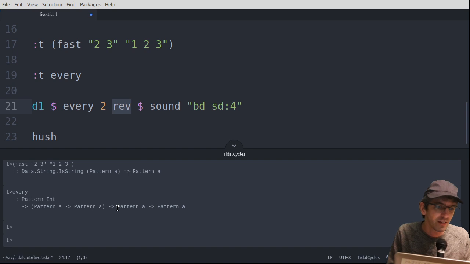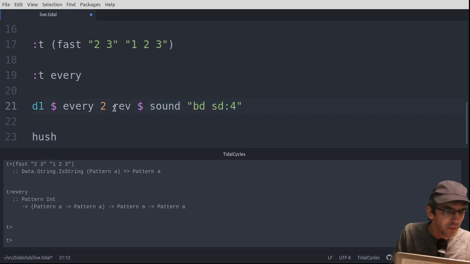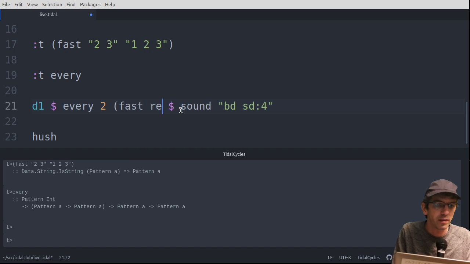And then it takes its sound. Well, it's a control pattern actually, and it'll return a control pattern of the same type. So this is the pattern that this one here, and then this is the thing it finally returns and passes to D1. So that's why you can just shove fast 2 in there, because fast 2 is returning a function that manipulates patterns.